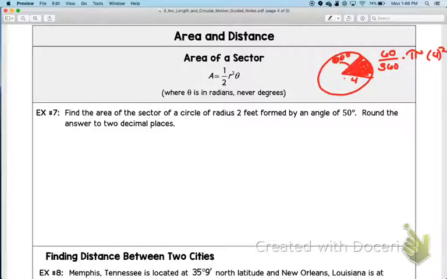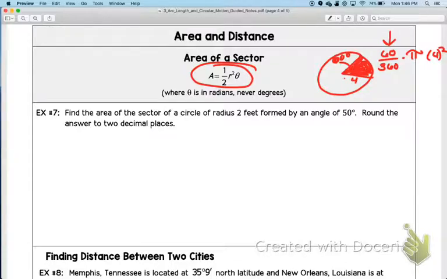Okay, so again, we're going from degrees to radians, which is where this formula is going to come into play. Because if I convert my 60 degrees into radians, I would do times pi over 180, right?